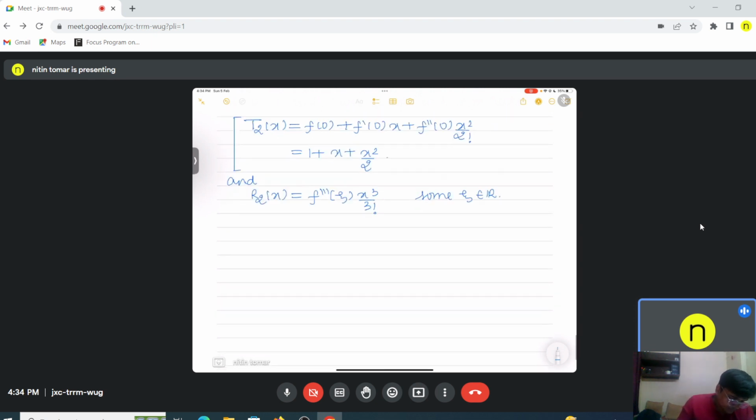Now what do we do now? We have to evaluate the Taylor's polynomial at 0.5. So we put x equal to 0.5 in the Taylor's polynomial of degree 2. Please, if you have any doubt, please stop me and ask. Okay.